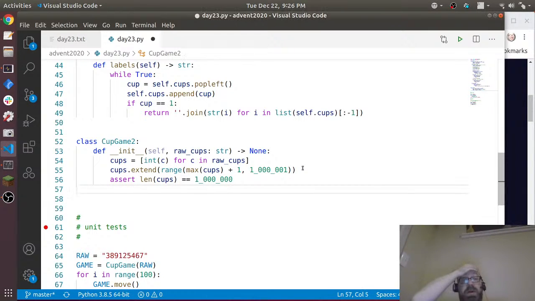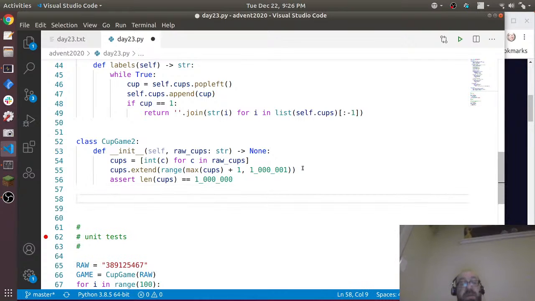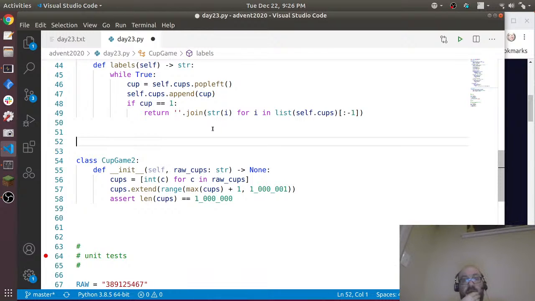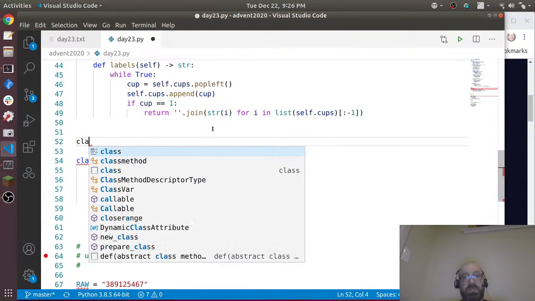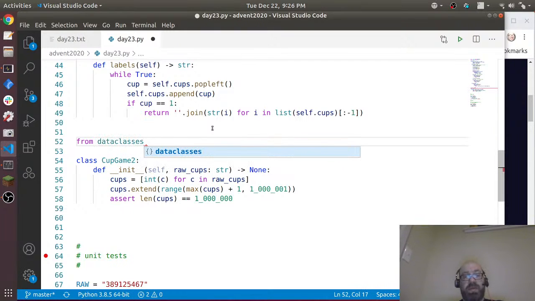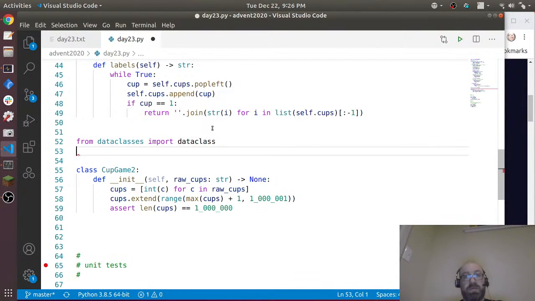All right, so how are we going to make this into a linked list? Python doesn't really have linked lists, but I can fake it. This might not work by the way, but we'll see if it works.